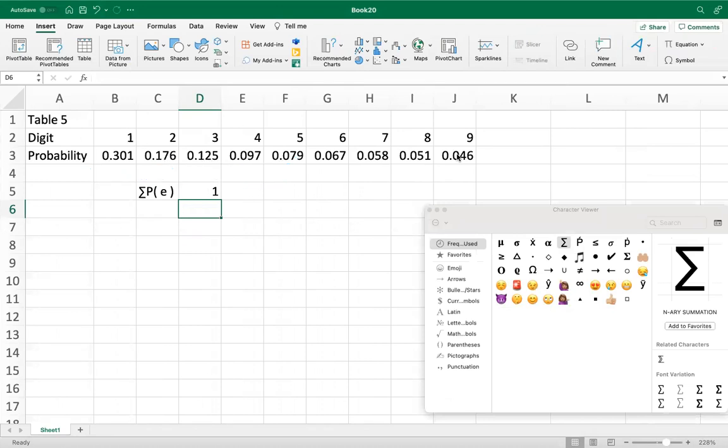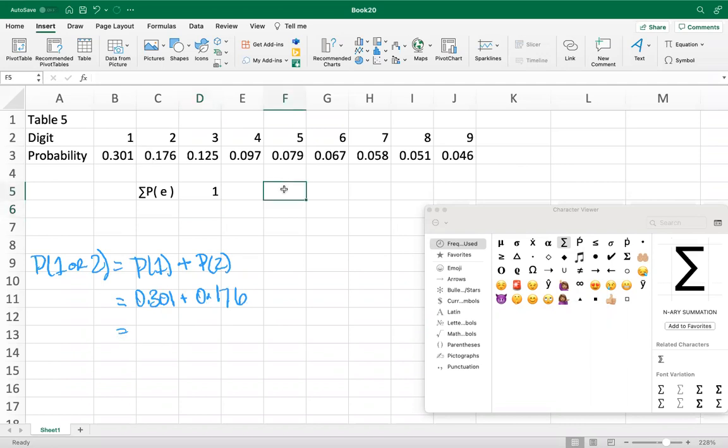Let's write it a little bit lower. So probability of 1 plus probability of 2. Here we see that the probability of 1 is 0.301 and the probability of 2 is 0.176. Now adding those two together, have Excel do it for us.